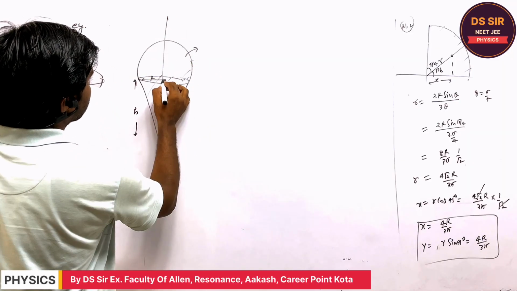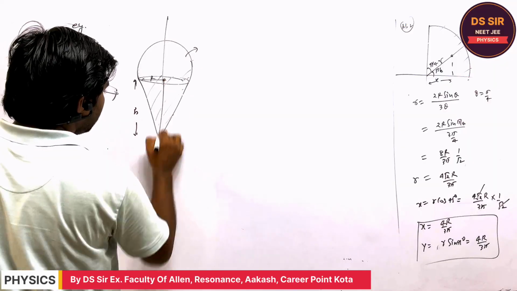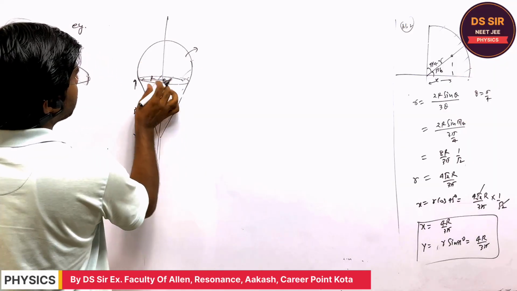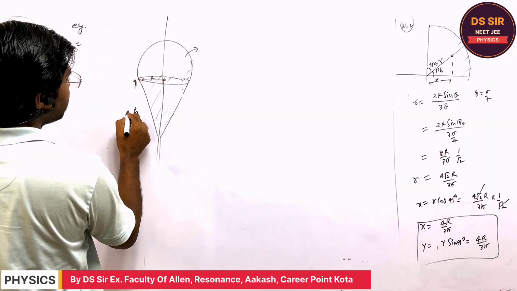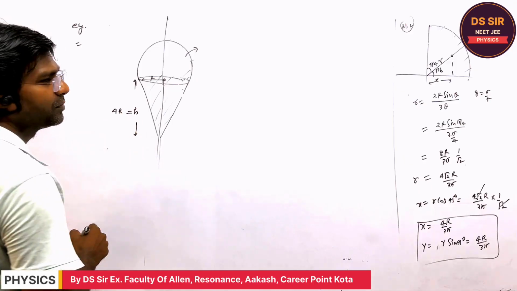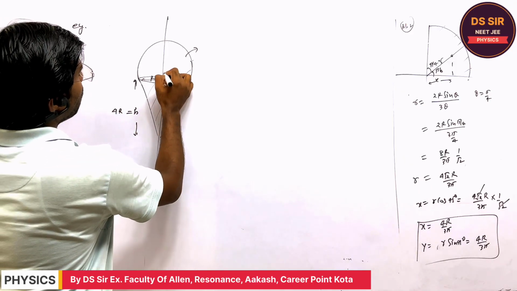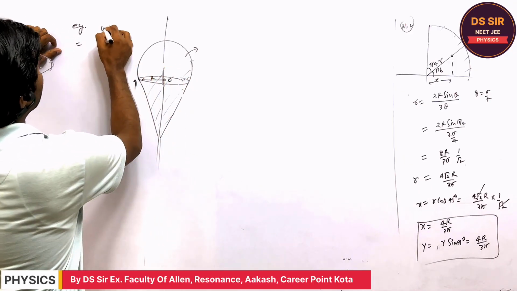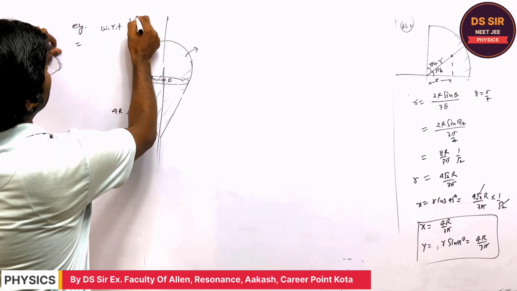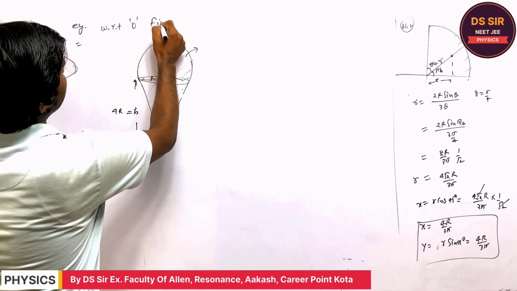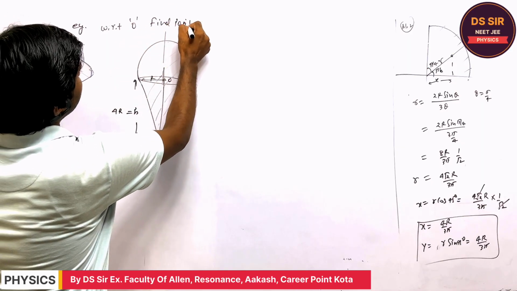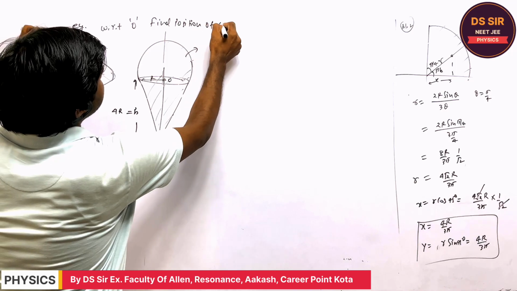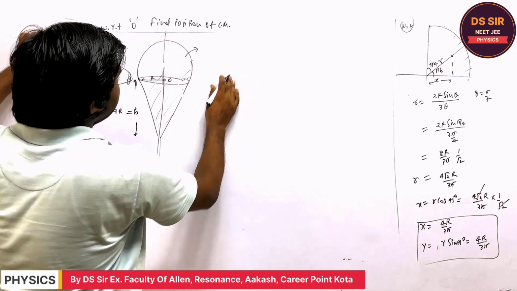From here, this is the midline. The hemisphere radius is r, and h is equal to 4r. So with respect to point O, you have to find the position of the center of mass. Have you done this question earlier?